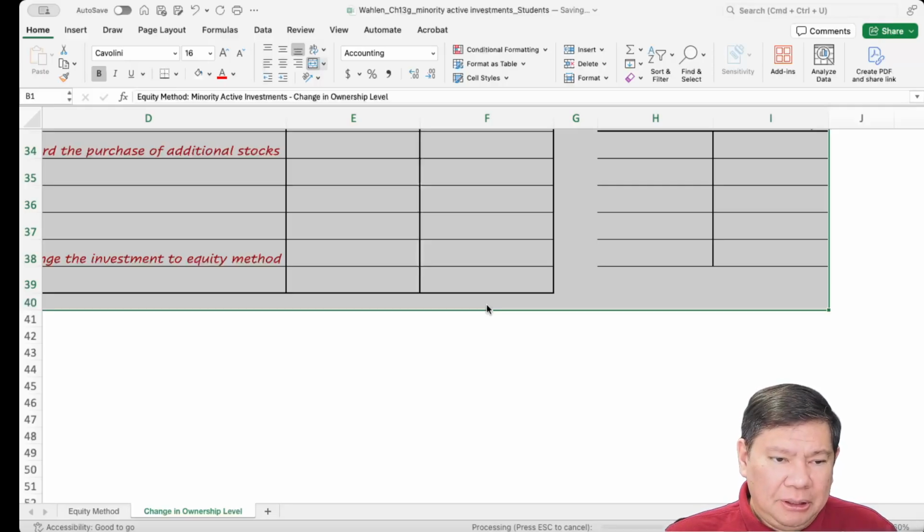So we have notes receivable here for $10,000, and then the discount on notes receivable on the opposite side is 4,325.73. And then we have to eliminate our equipment.